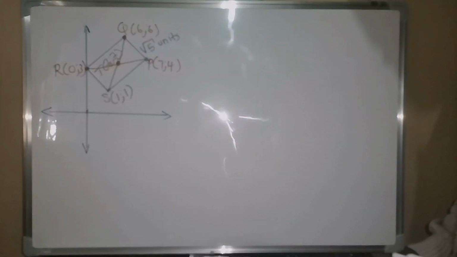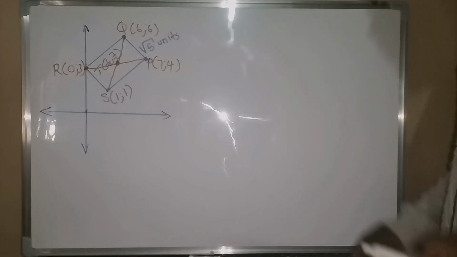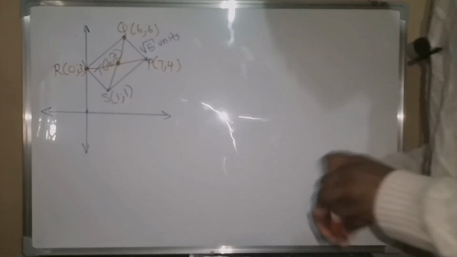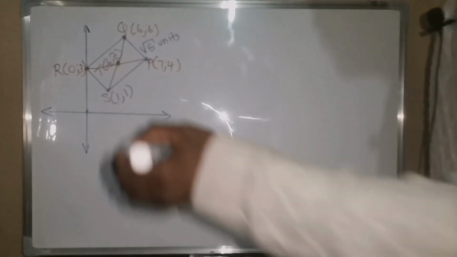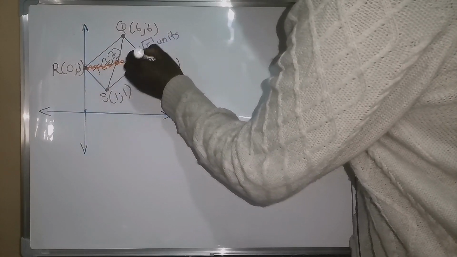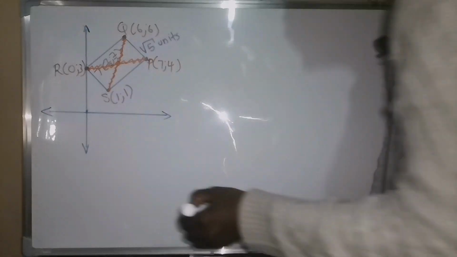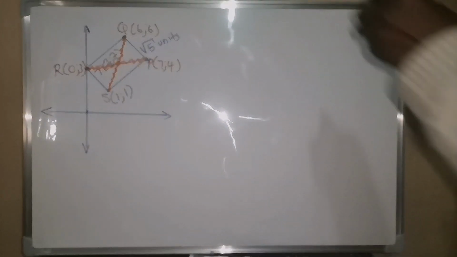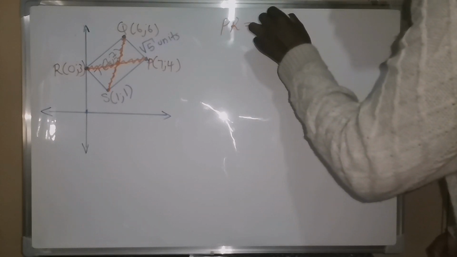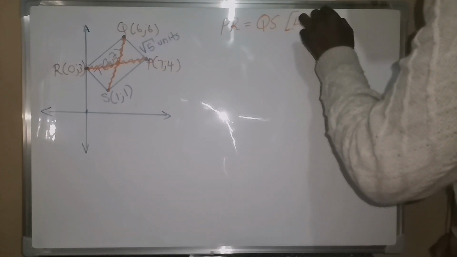You need to show that PR is equal to QS by finding the length.